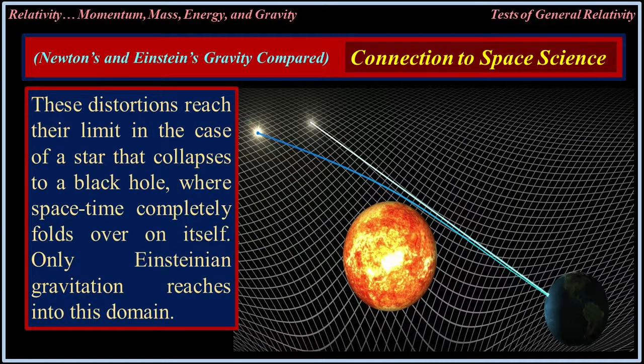These distortions reach their limit in the case of a star that collapses to a black hole, where space-time completely folds over on itself. Only Einsteinian gravitation reaches into this domain.